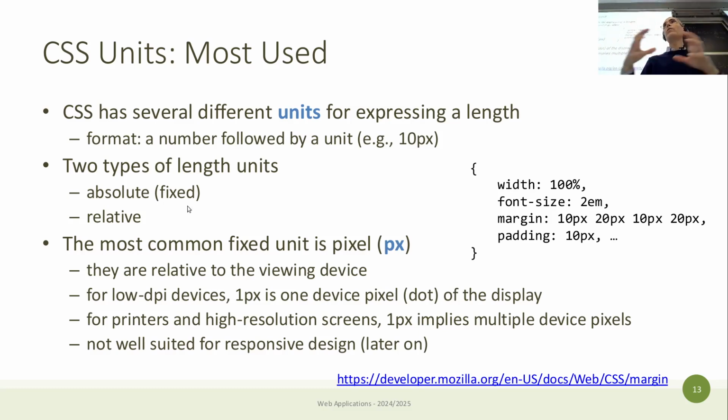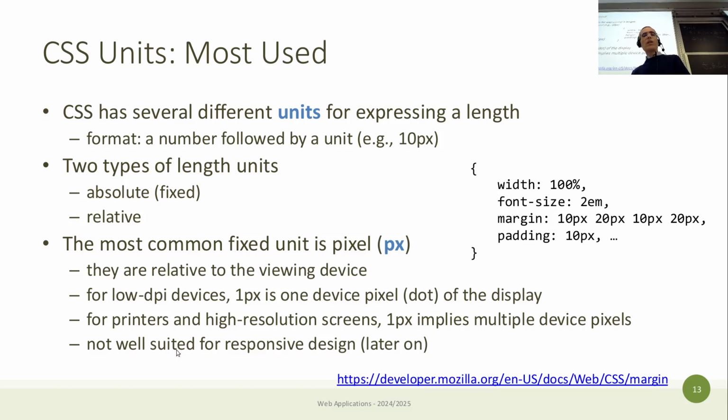If you change the size of the window, the pixel stays the same. If the screen size changes, because one client is a desktop, one is a laptop, and the other is a mobile phone, the pixel is still a pixel. So sometimes they're good, sometimes they're bad. It depends on what you need to specify.